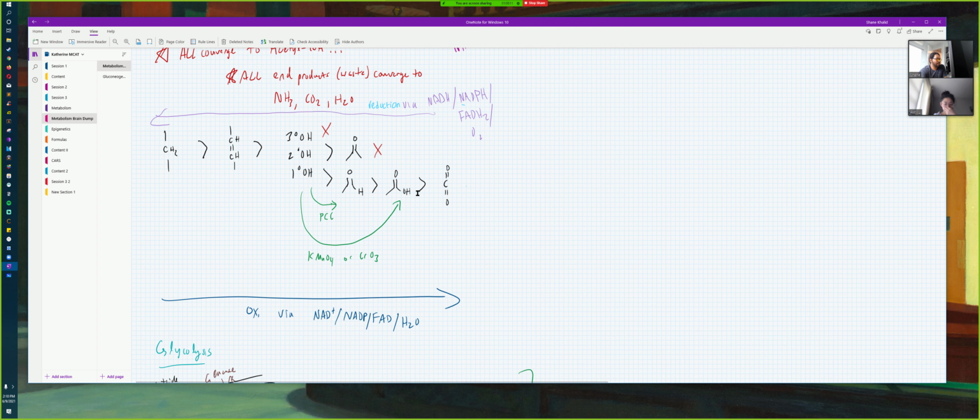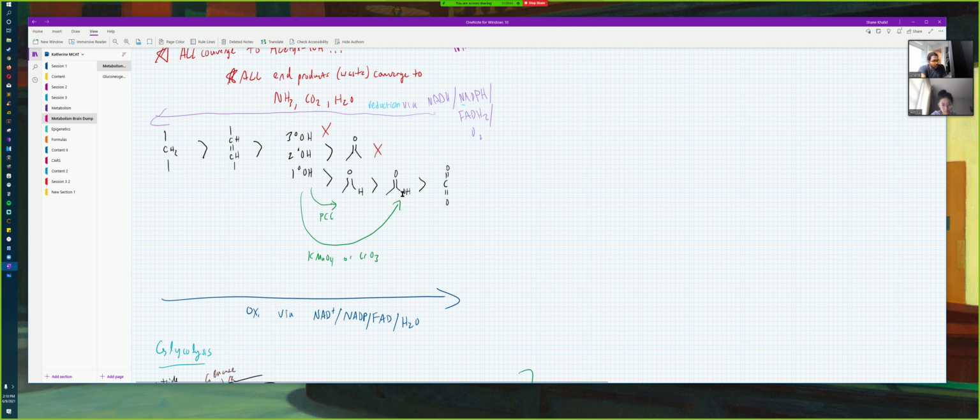I use an example like PCC, I forgot what that stood for, probably something with chlorochromate. That's not that strong of an oxidizing agent, so it'll just turn it into the aldehyde. But if you use a strong one like KMnO4 or CrO3, it can go all the way to the carboxylic acid.